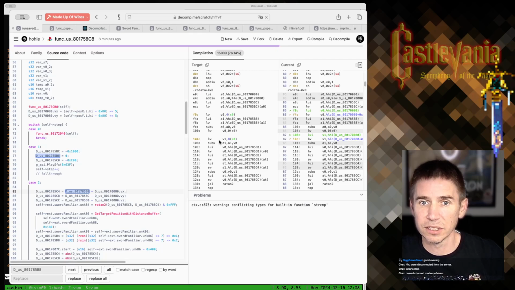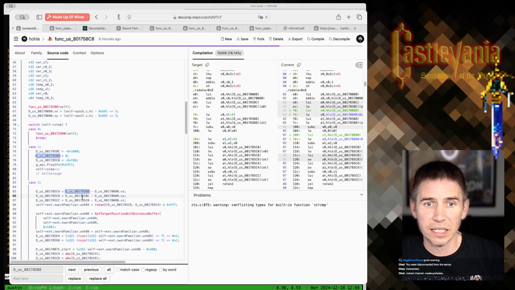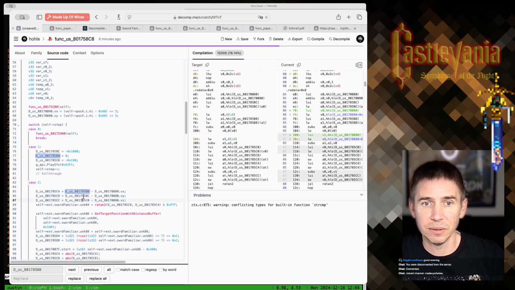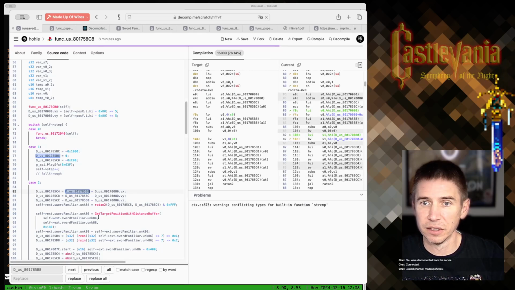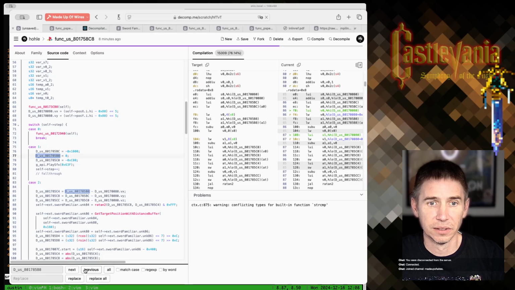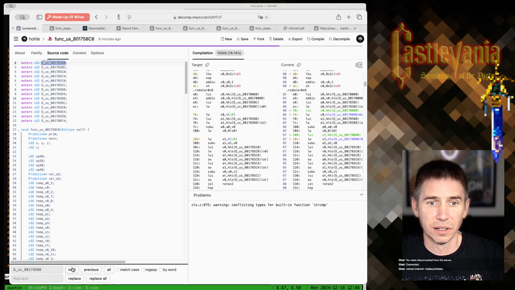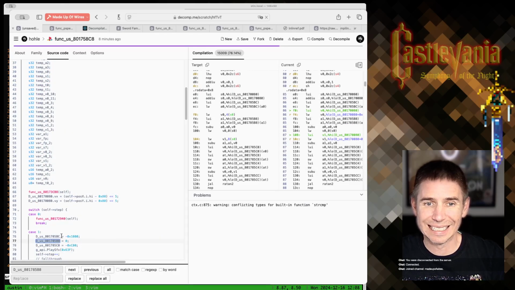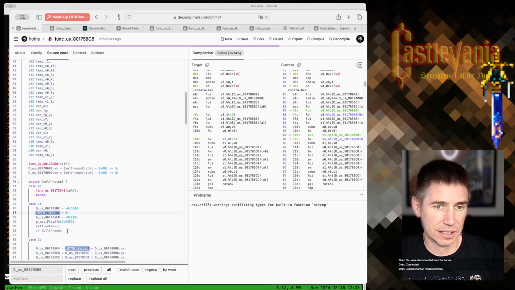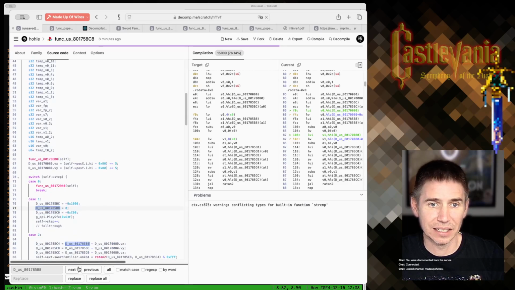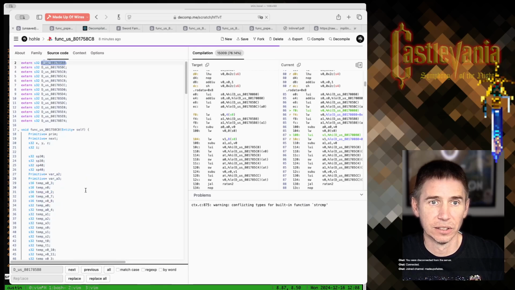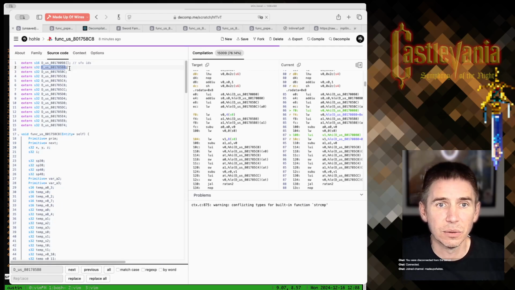So it looks like this B8, BCC0, is being loaded as a vector, which means the X value is being set here. So we can get rid of basically all of these.